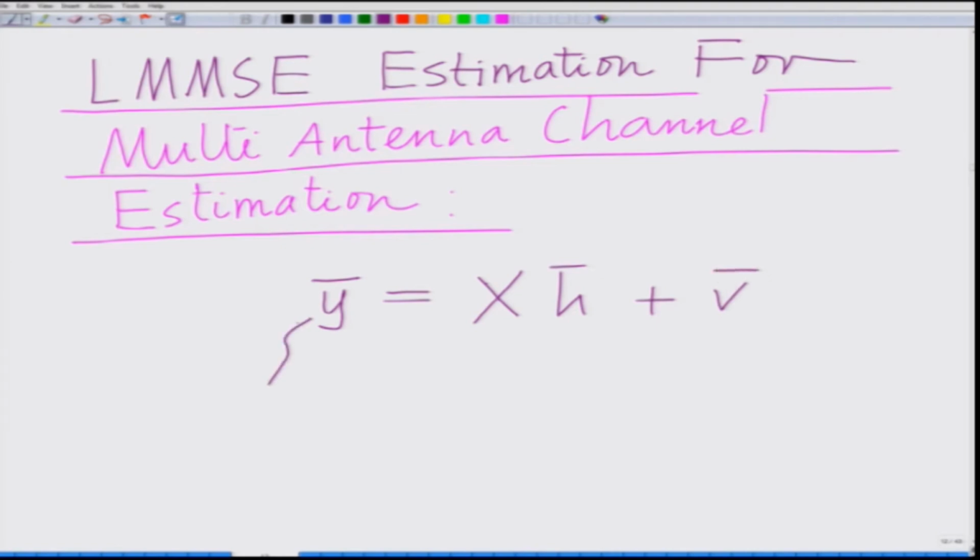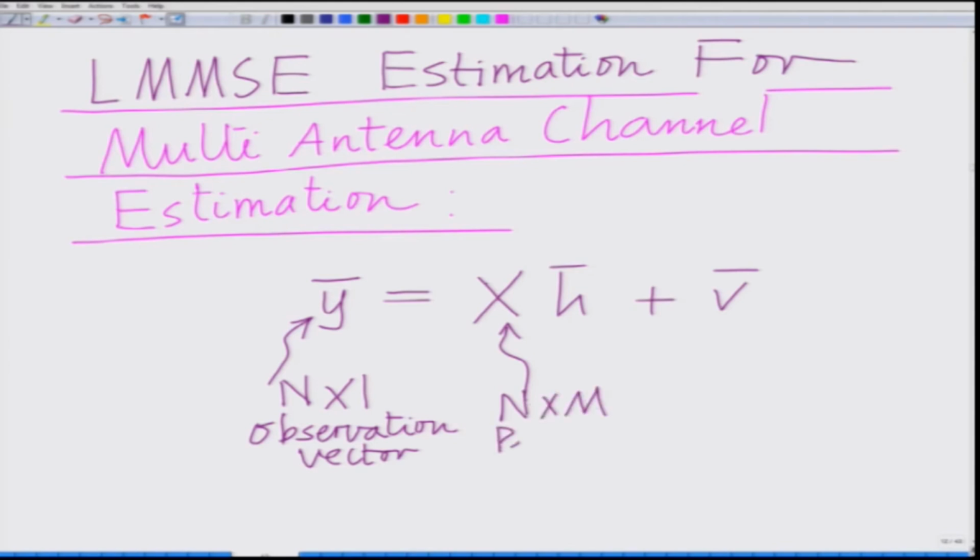where this y bar is your N cross 1 observation vector, X is your N cross M pilot matrix, and h bar is now your M cross 1 parameter vector.